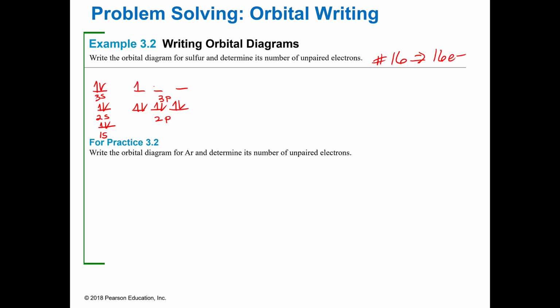Okay, so then 2, 4, 10, 12, sorry, that's 12, 13, 14, 15, and then 16. So how many unpaired electrons does it have? It has 2 unpaired. That gets important later. That's why I'm asking you to be able to do that now. Okay? And so then you get to practice on argon. All right, and that's electron configuration.